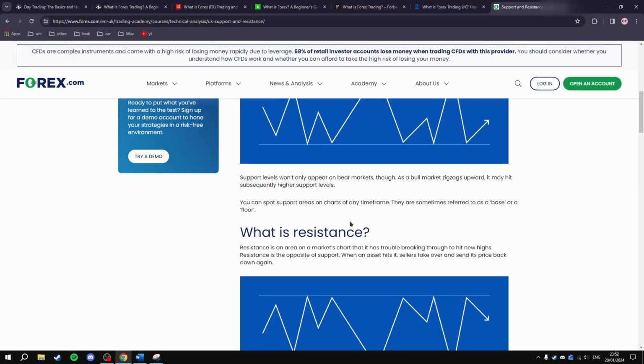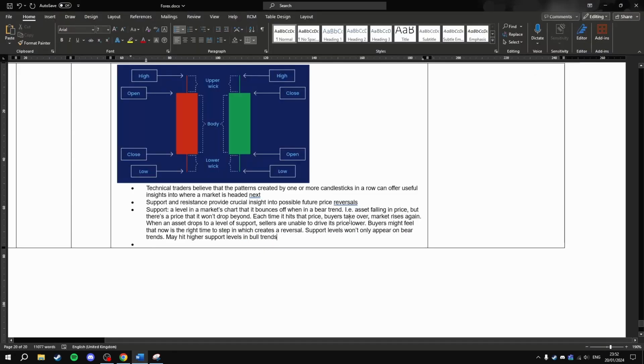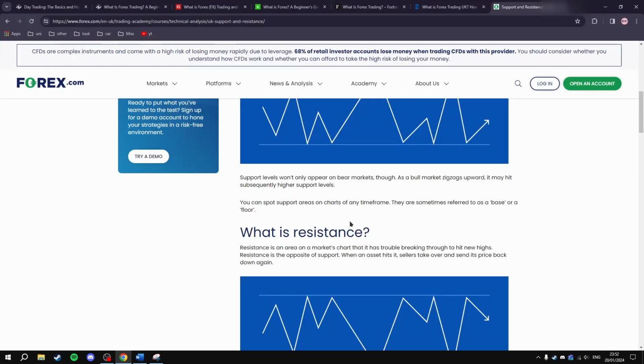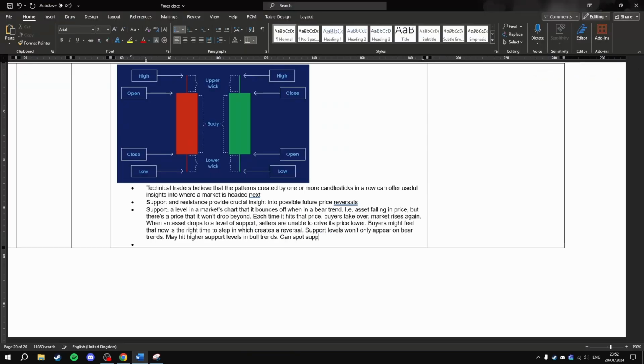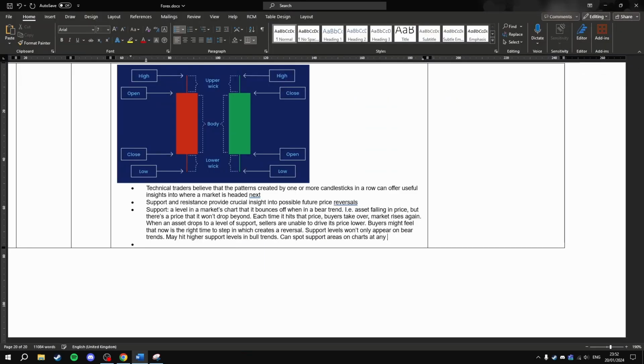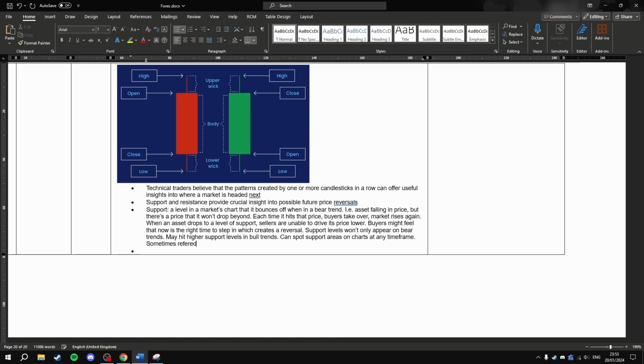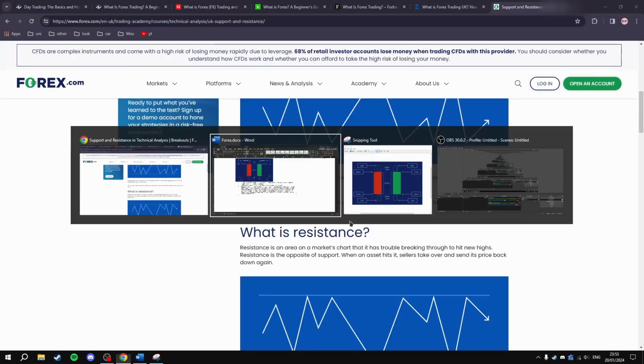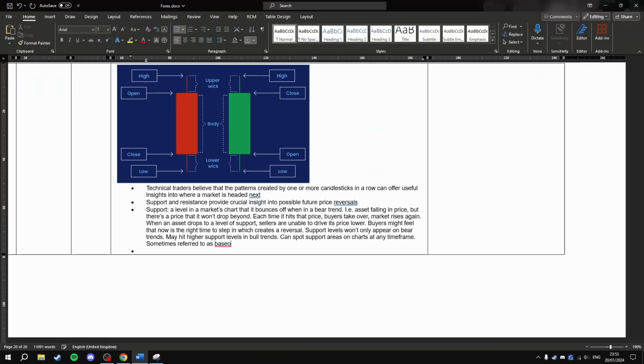In bull trends, you can spot support areas on charts of any time frame. They are sometimes referred to as a base or floor.